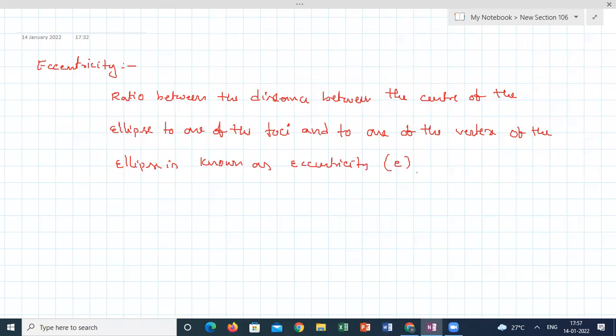Usually it is the small e. Small e is equal to C by A.